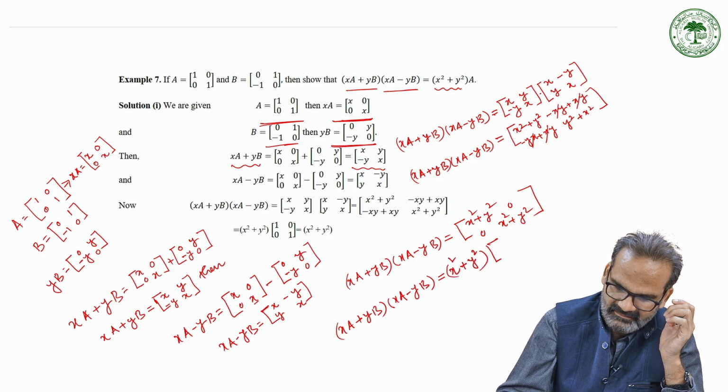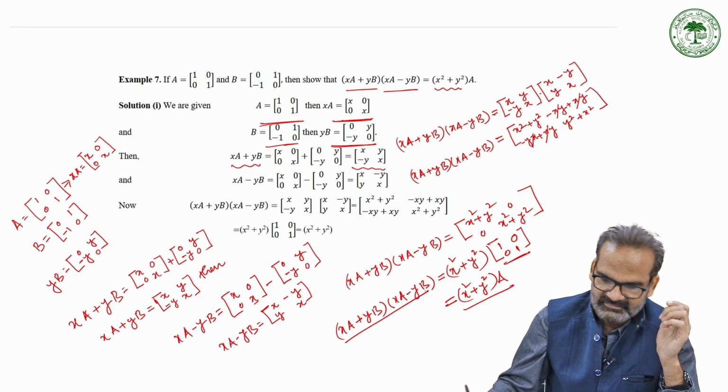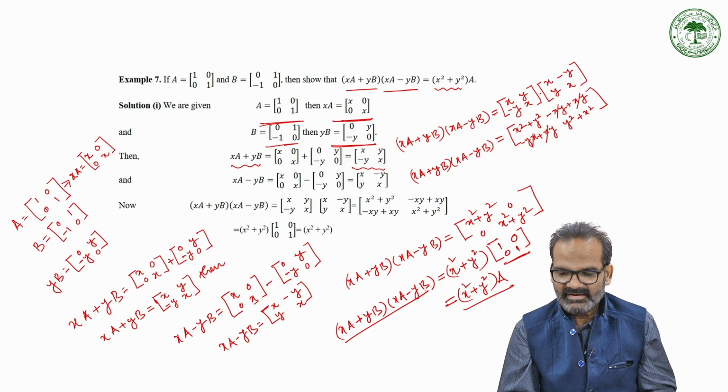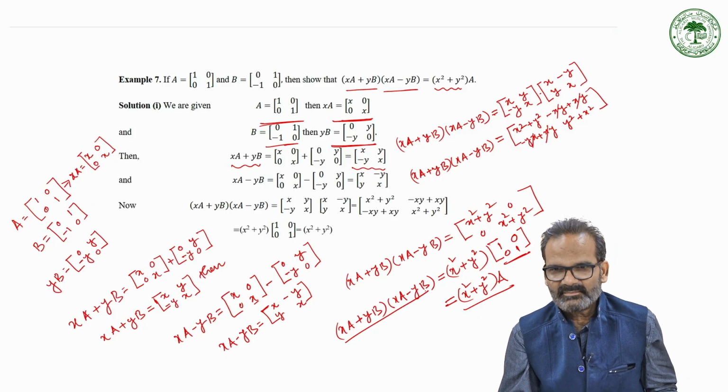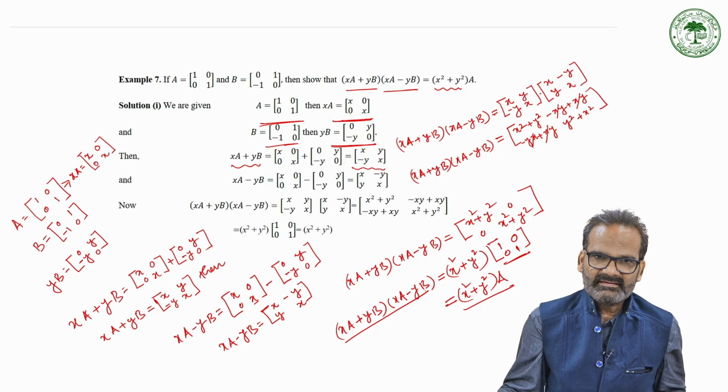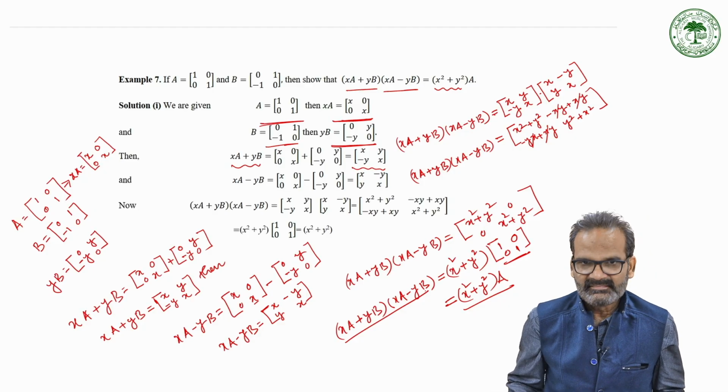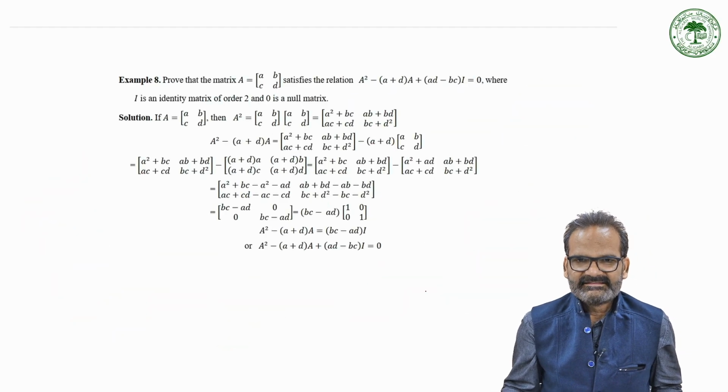What is left here? 1, 0, 0, 1, right? And see, this is what? X square plus y square. This is the matrix A. So XA plus YB into XA minus YB is equal to x square plus y square into A. This is how we can prove this very easily.